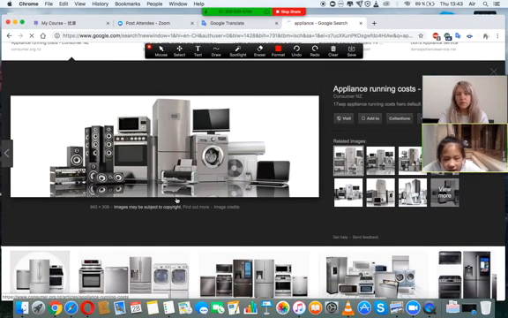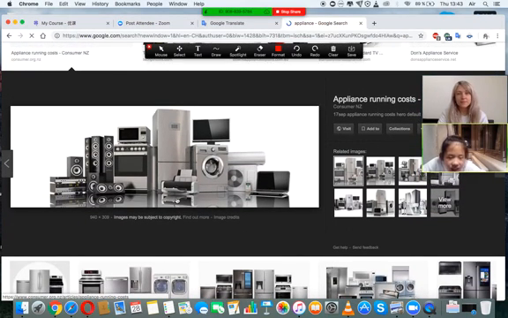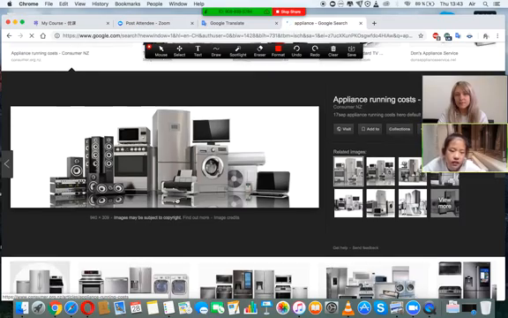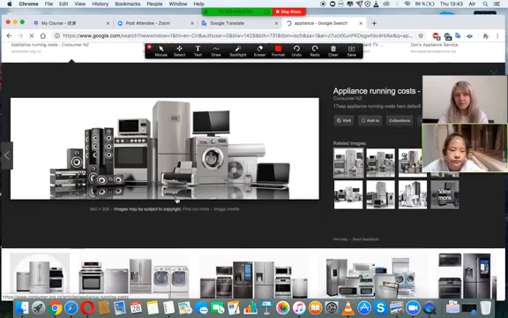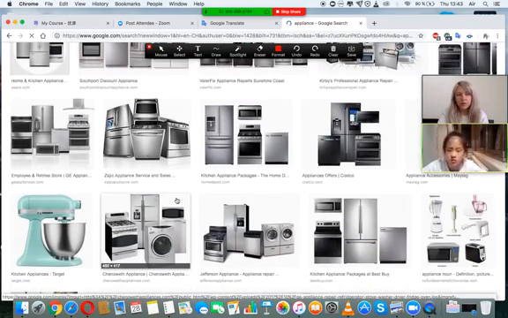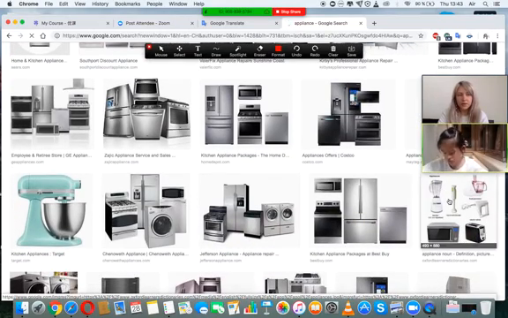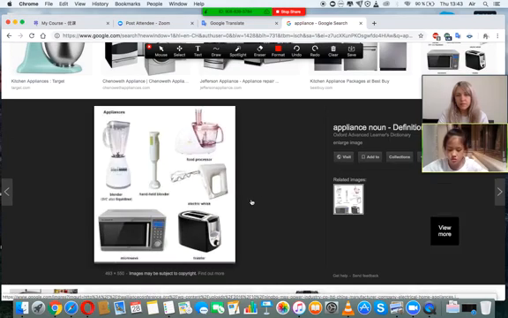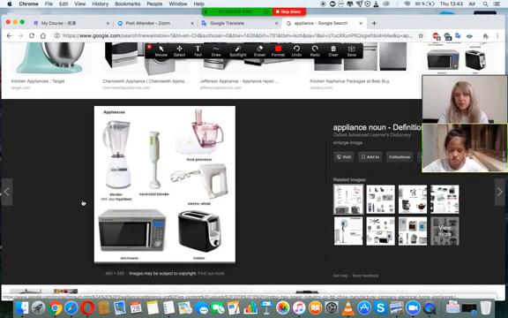And these things are also in food. That's right. So here we can see all of the appliances. So returning to our question about the picture, that's a blender or liquidizer or a grinder.